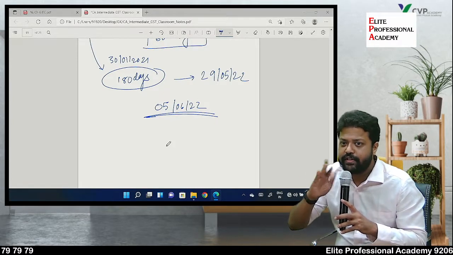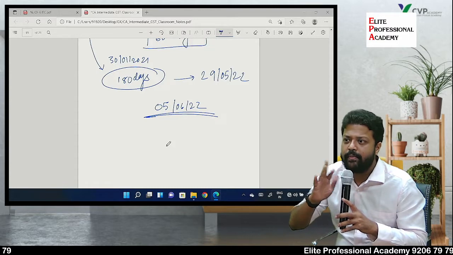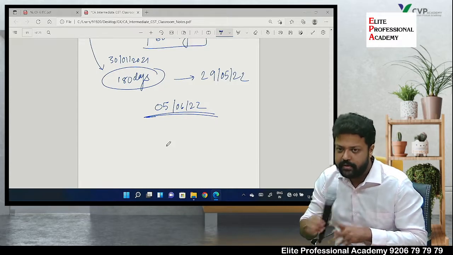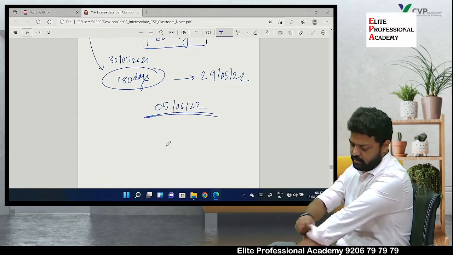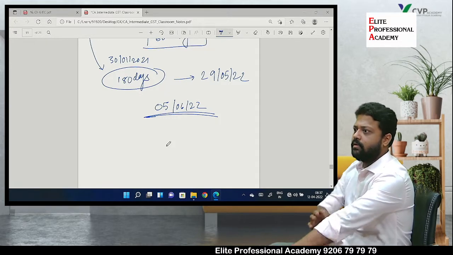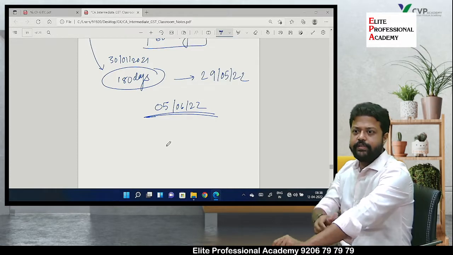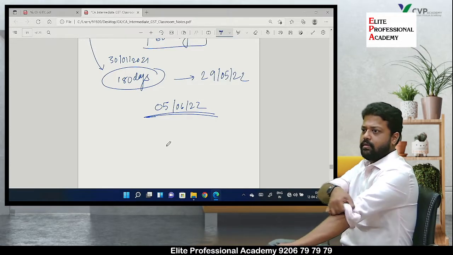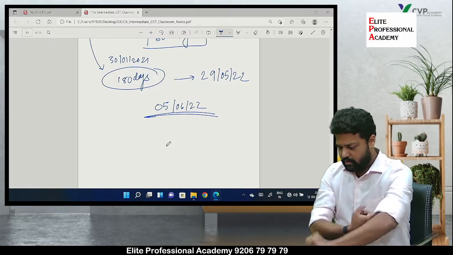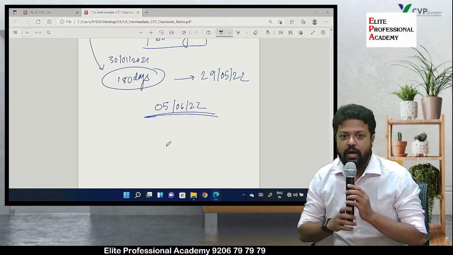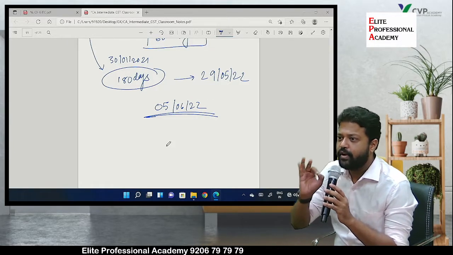Now, what is the difference? Main difference I told you between availment and utilization. Can anyone remember? Yes. Availment and utilization, main crucial difference.